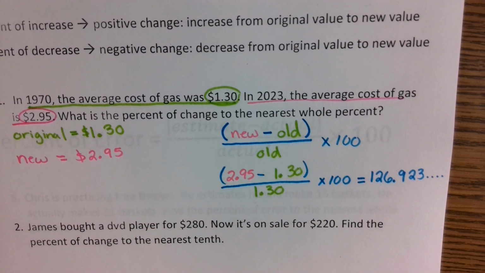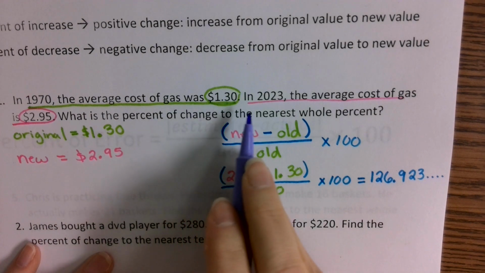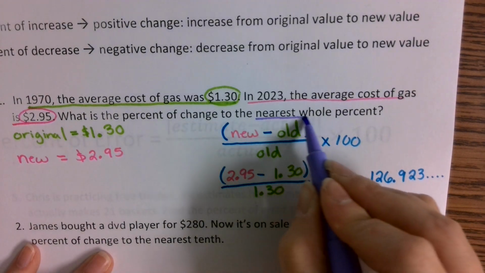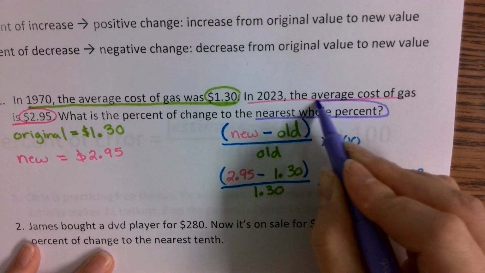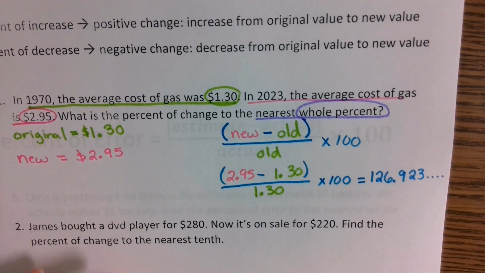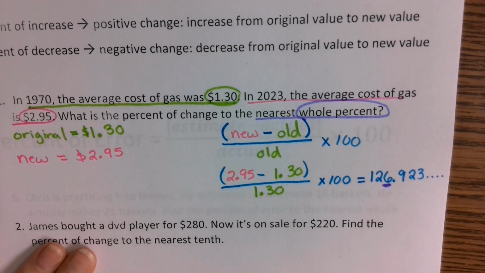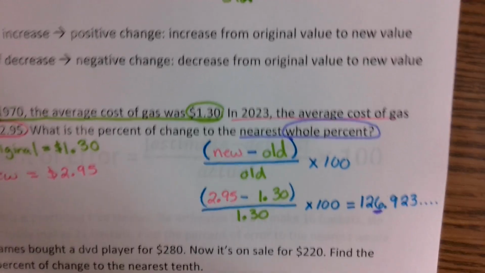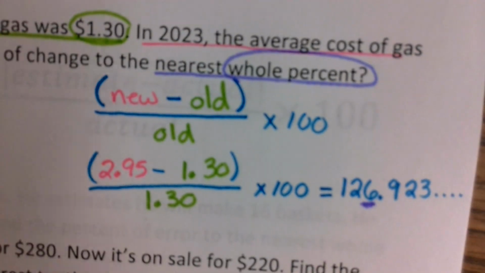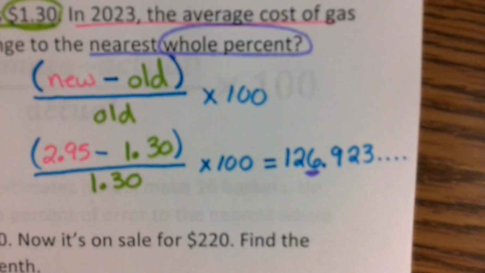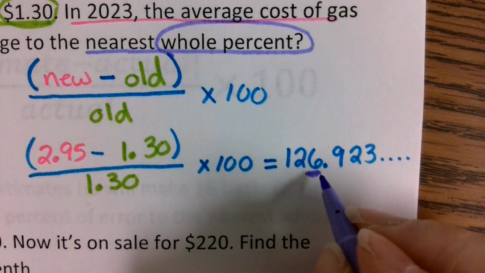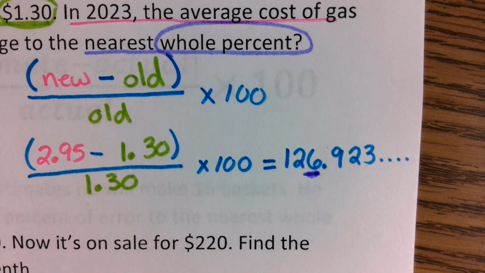Now notice that in the question it says it wants to have it to the nearest what? Nearest whole percent. So my whole percent, here's where my whole is. Let me zoom in so you can see it better in the back. When we're talking about a whole number, my whole number starts at the 1 spot.